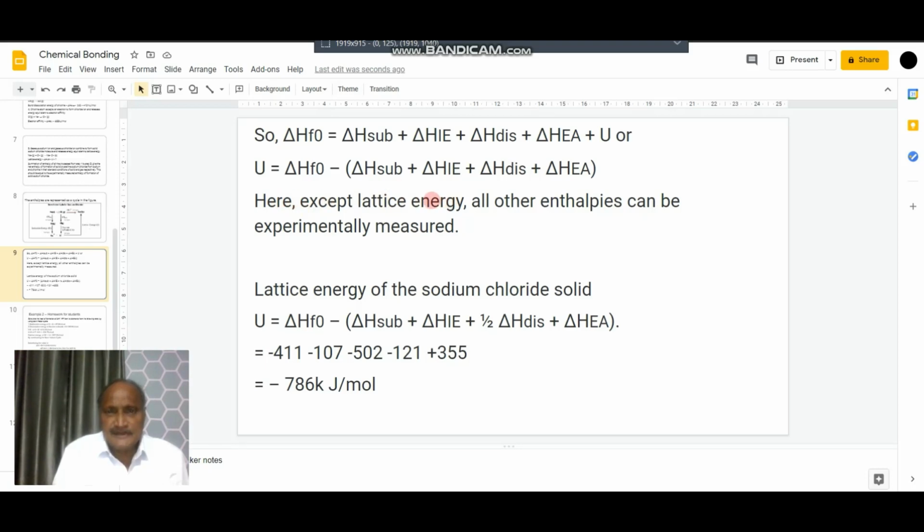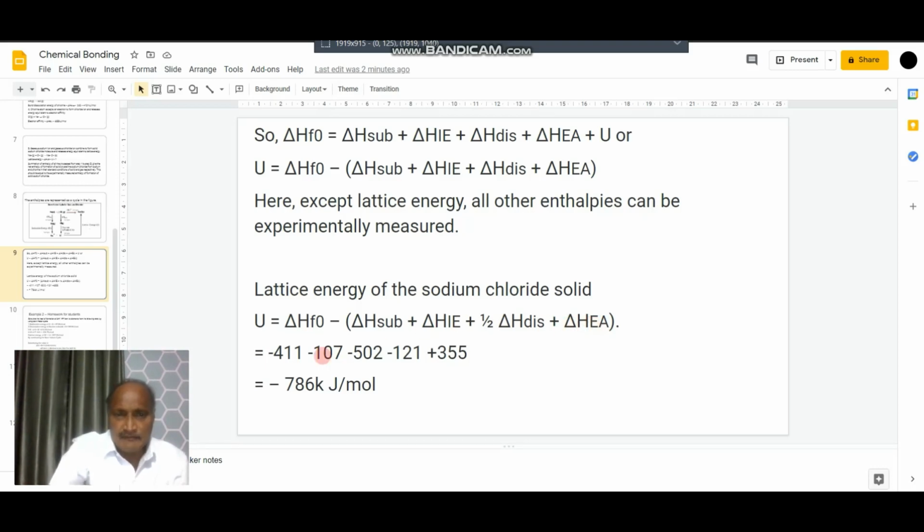Here, except lattice energy, all other enthalpies can be experimentally measured. So, the lattice energy of solid sodium chloride, U, is equal to heat of formation minus the sum of sublimation energy plus ionization energy plus dissociation energy, obviously for a single chlorine atom it is 1/2, plus electron affinity.